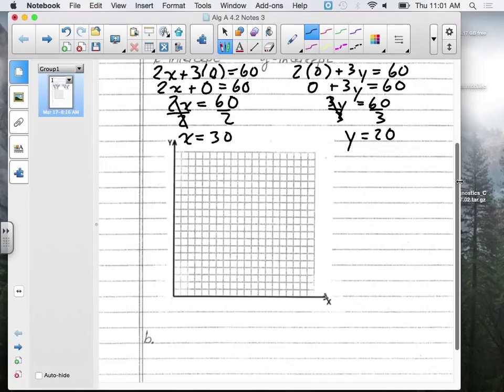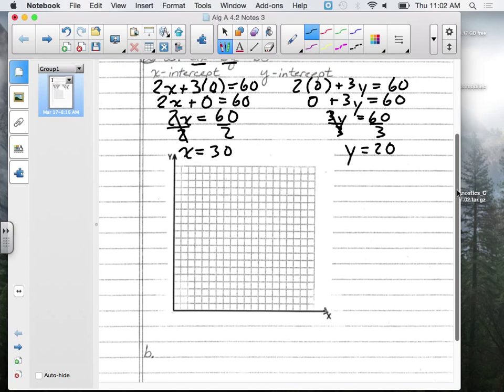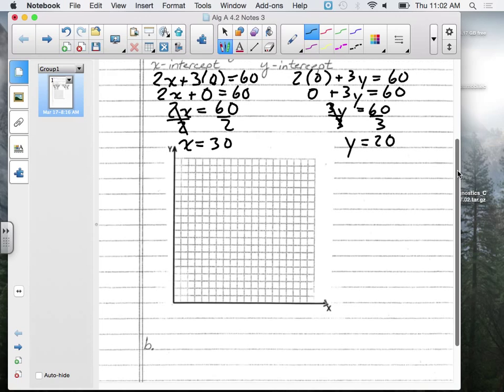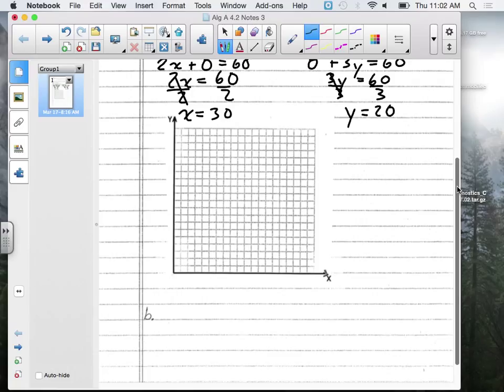So what should we name x then? How many pens? X is the number of pens that we'll be buying, so for x we can write pens. And what's our y representing? Notebooks, right.